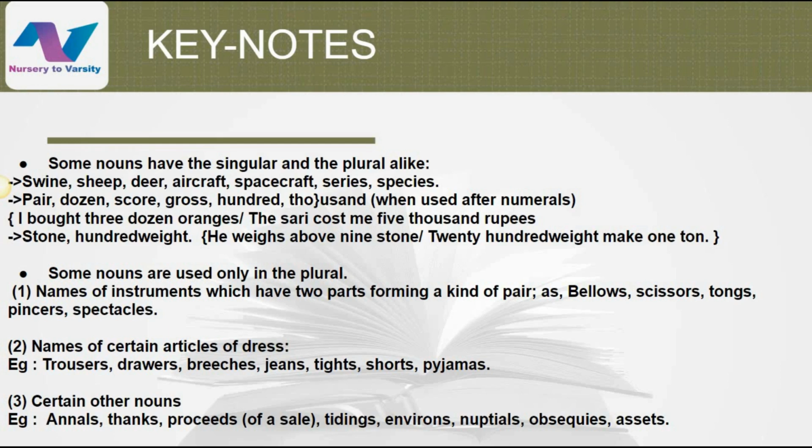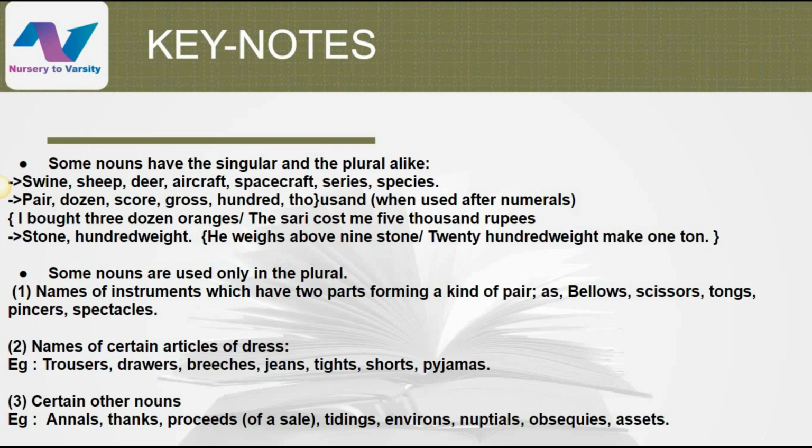Moving on to the next thing, when I say pair, dozen, score, basically the numeral things, like hundred, thousand. So these never become thousands or hundreds or pairs or dozens. It simply says pair, dozen, hundred, thousand. When I say I bought 3 dozen oranges, I never say 3 dozens oranges. Reason being, a dozen already has 12.